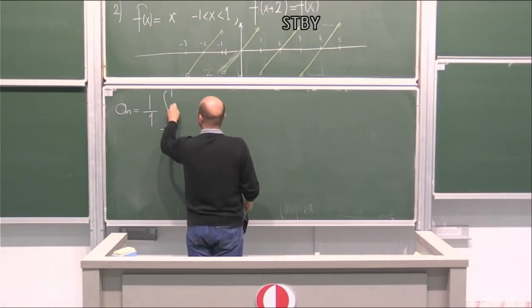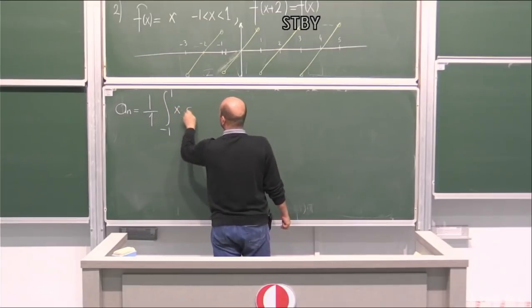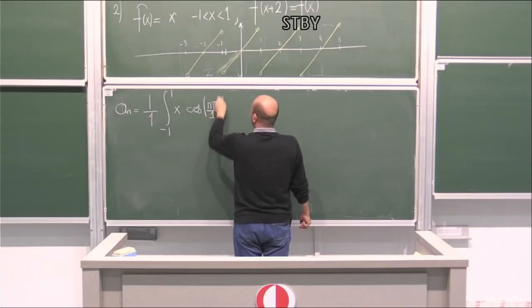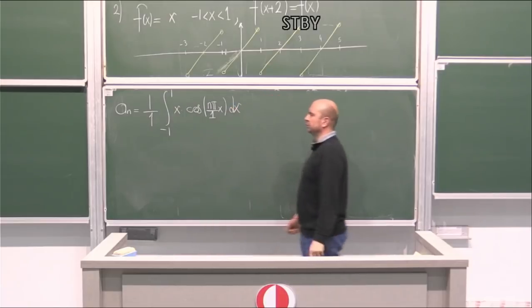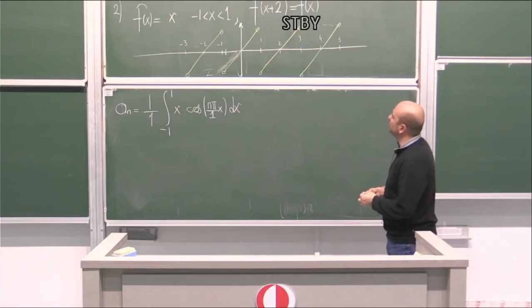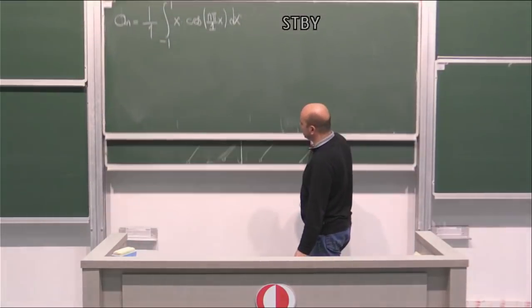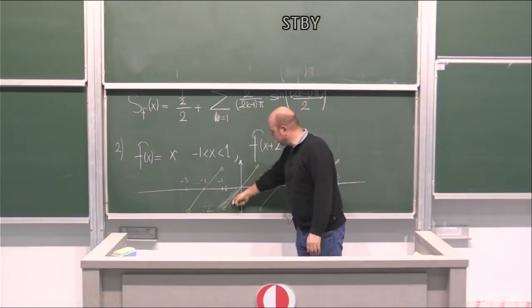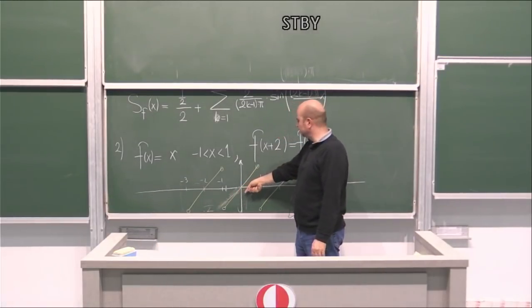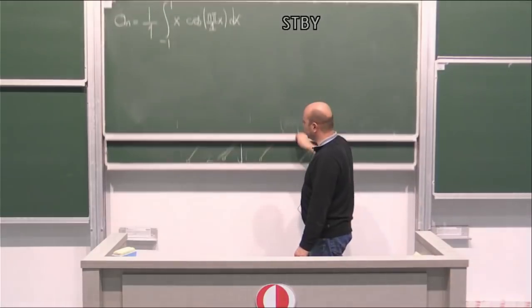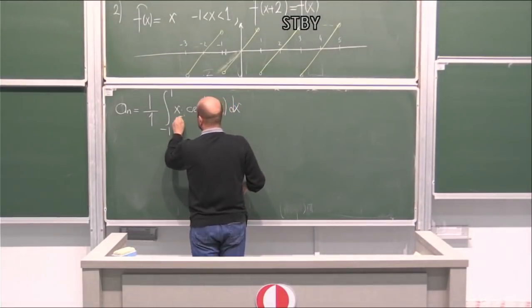So f of x is x. We have cosine n pi over 1 x dx to compute this one. There's one thing you should probably have noticed here. It's not like the previous one, because in this graph you see some symmetry. This function is an odd function, because its graph is symmetric with respect to the origin. So that means our function is odd.